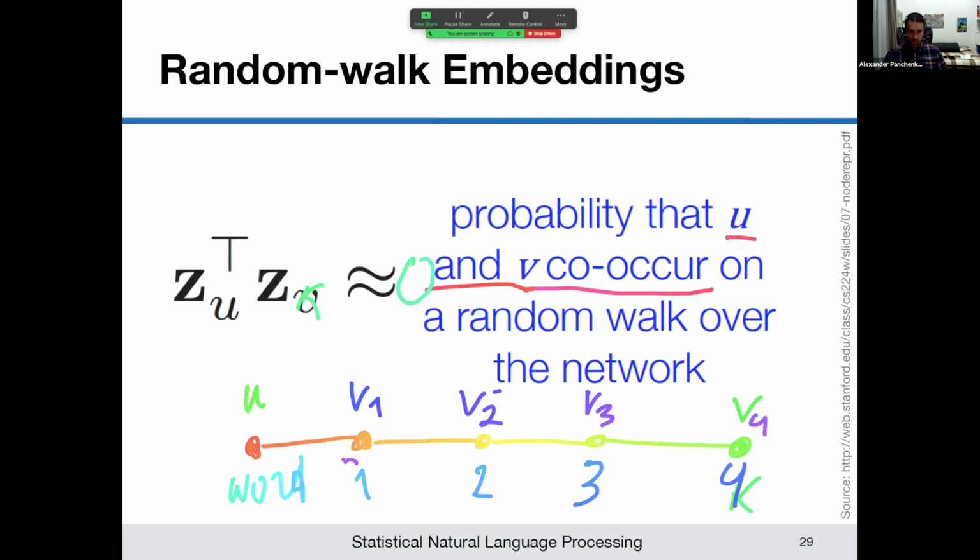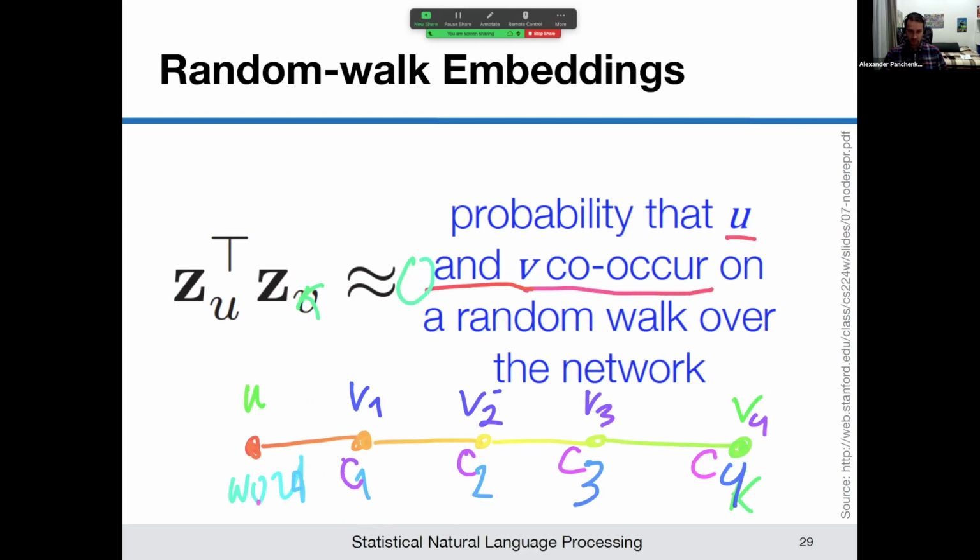So this is context word, context word, context word, context word, and this is context node, context node, context node, context node. And the difference, of course, is just how do you obtain these context words.